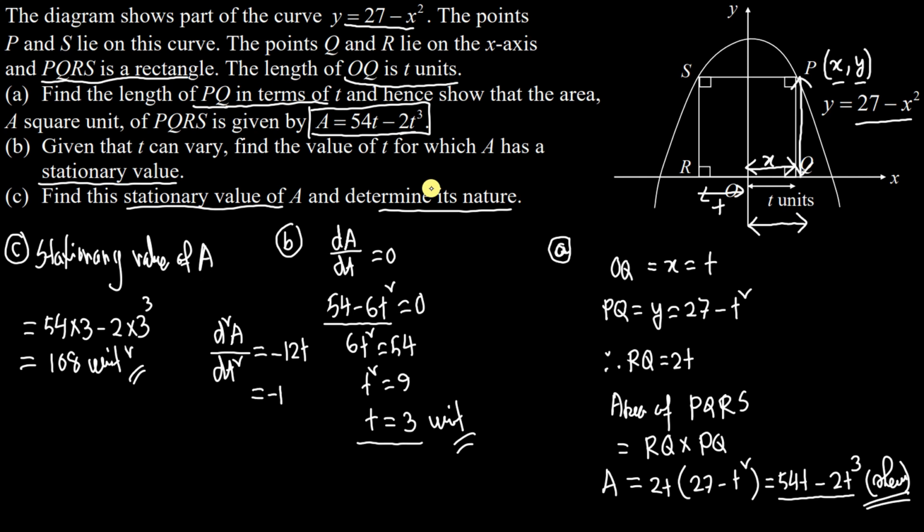If we put minus 12 times the value of t, which is 3, it becomes negative 36, which is a negative value. The double differentiation gives us a negative value, so we can say A is maximum. This is the conclusion of this question.